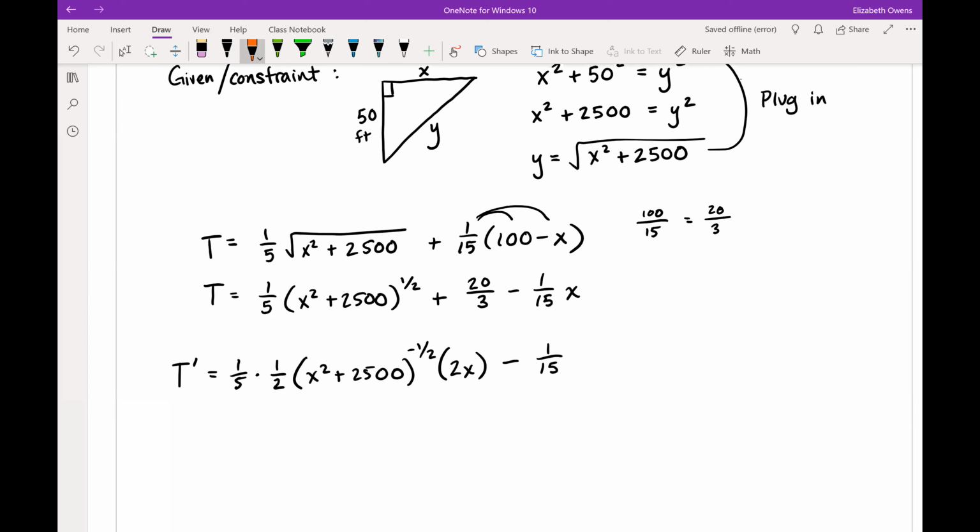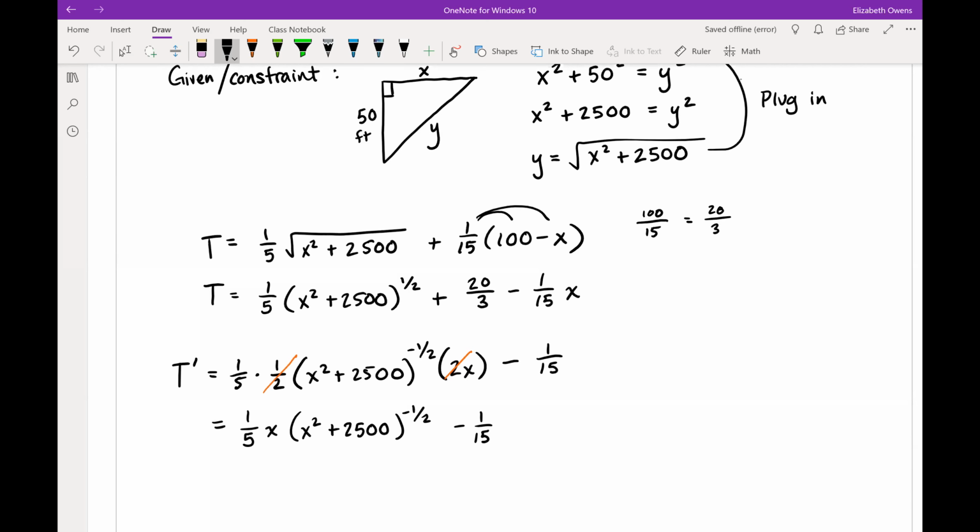One thing you can do is cancel the 1/2 there with the 2 right here. And so we'll have 1/5. I'm going to pull this x out to the front so I don't lose track of it. 1/5 x times x squared plus 2,500 to the negative 1/2 power minus 1/15.